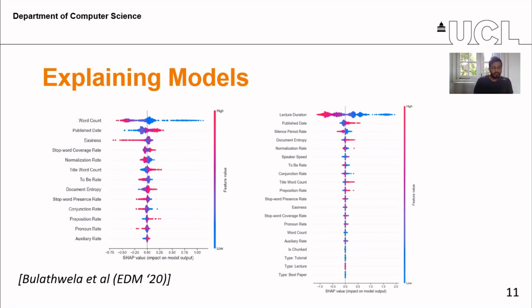This is interesting because in the previous step we decided to use features that are humanly intuitive. We can very easily understand what the model is doing by looking at these SHAP values or the SHAP plot.